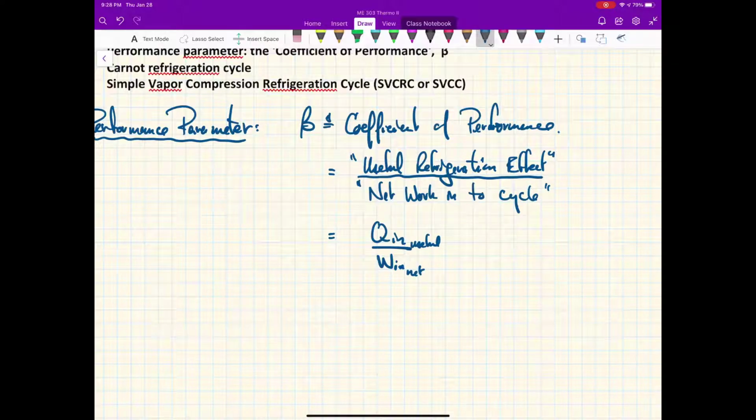And if we apply L'Hopital's rule again to numerator and denominator, we are going to get the same expression on a rate basis, which is how we are usually going to be using this in practice. So it's the rate at which heat is being transferred from the cold reservoir divided by the power that needs to be added to the cycle, the rate of energy input into the cycle in order to accomplish that.